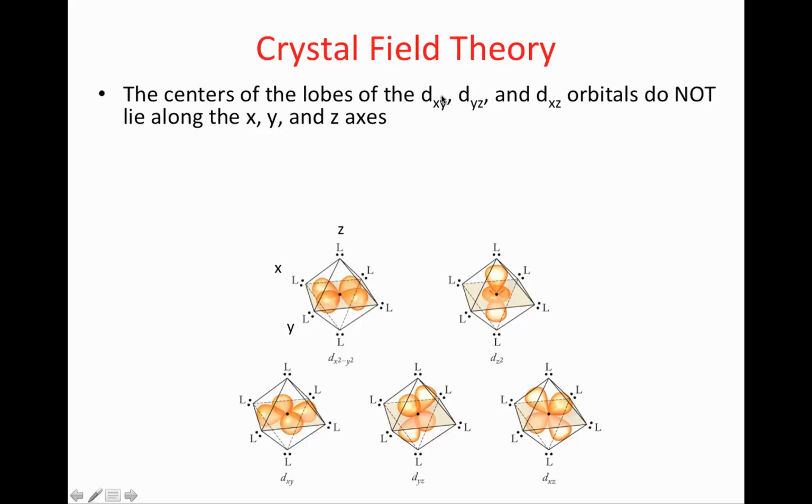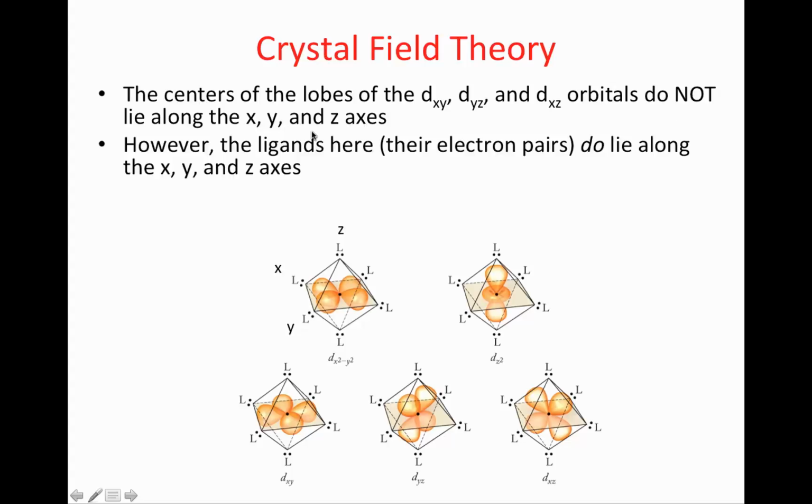So, once again, in the case of the dxy, dyz, and dxz orbitals, the lobes of these orbitals do not lie along the x, y, and z axes. However, the ligands, as we have positioned them here, do lie along the x, y, and z axes. So here are the positions of the ligands, and the ligands are drawn as being on the axes.